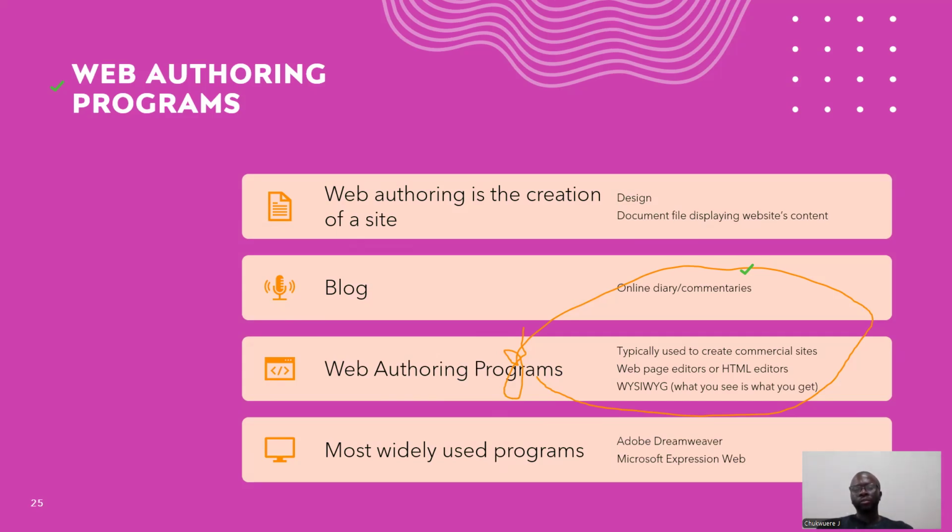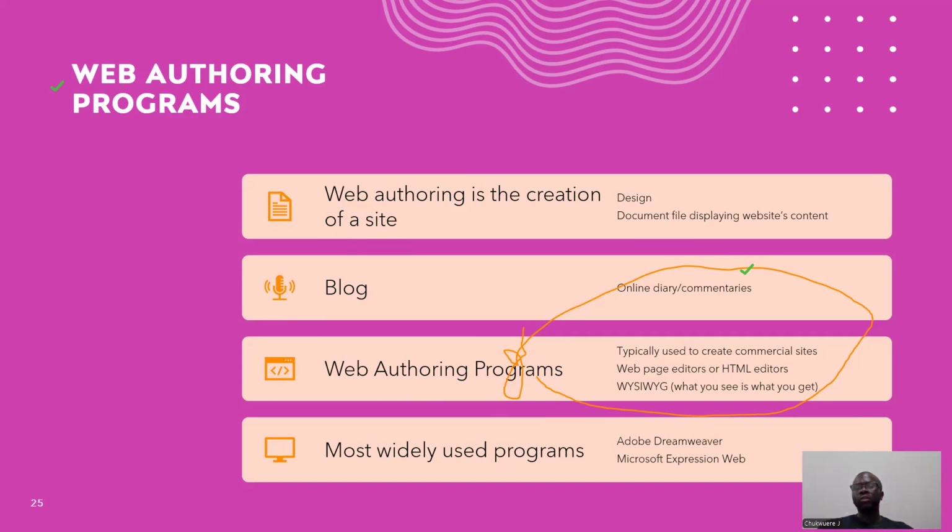Now, web authoring programs are used to design and document files displayed on the web. Websites are very interesting, very capturing, very attractive. The way the pictures, the images, the movies, everything there is on point.